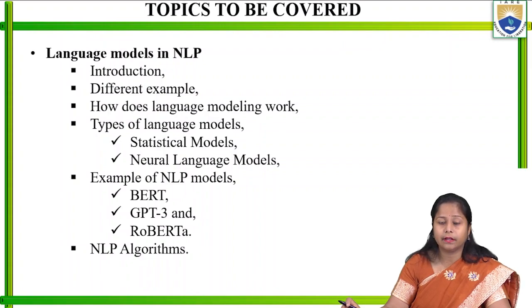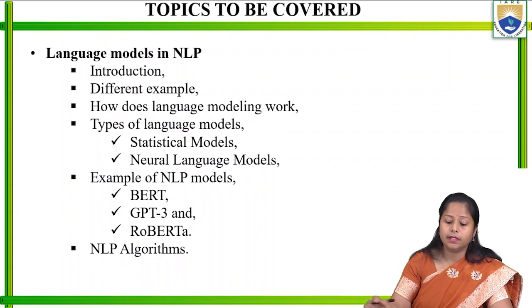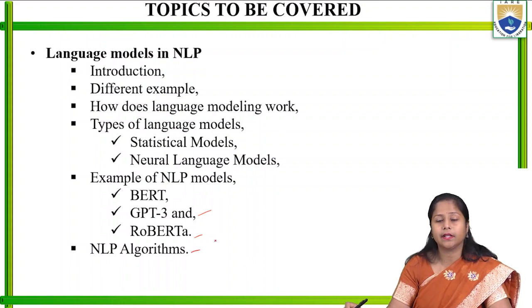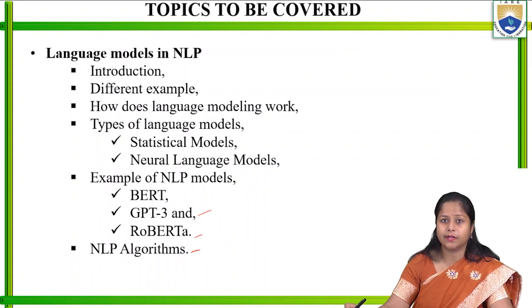Two types of models are there: statistical models and neural language models, with different examples from the current scenario that are used in businesses and industries. That is the BERT model, GPT-3 model and RoBERTa model. And we will see what an NLP algorithm actually is. In the next class, we will proceed with the other types of NLP algorithms. Let's start.